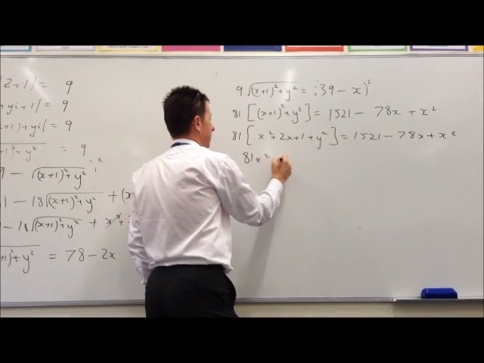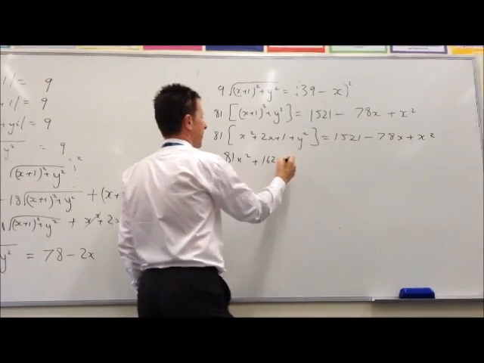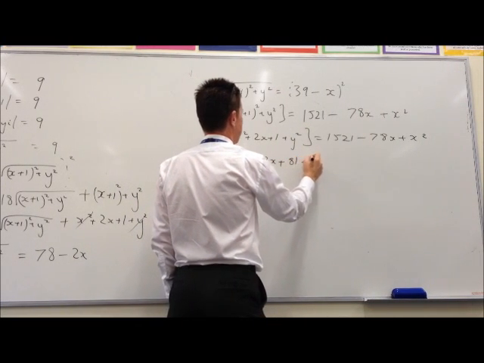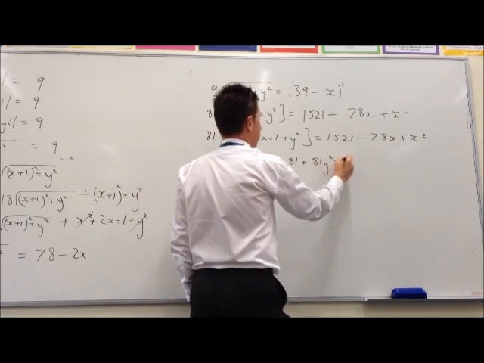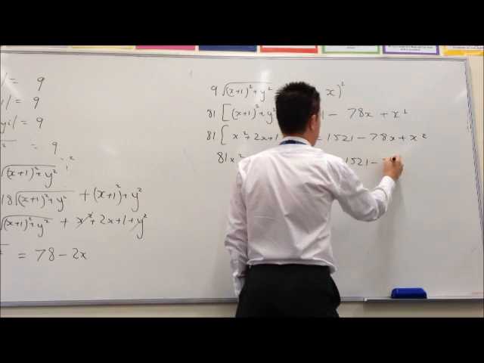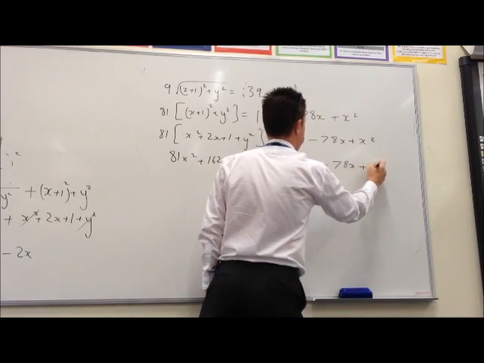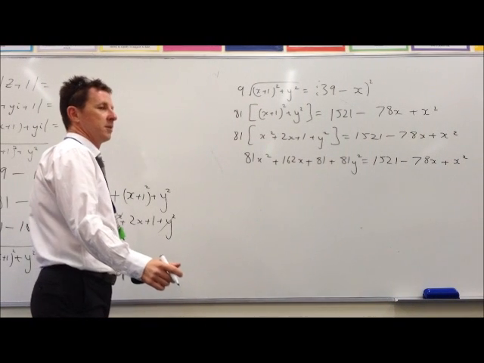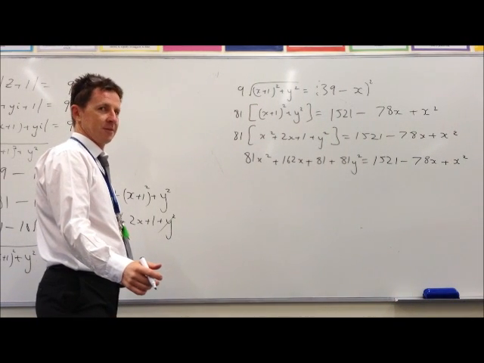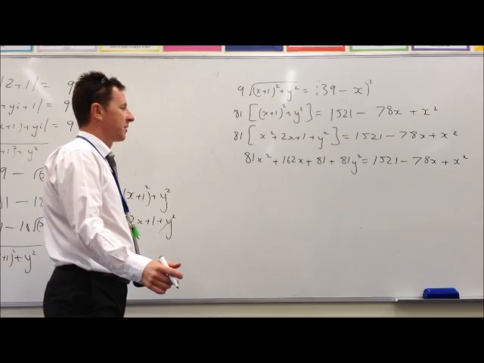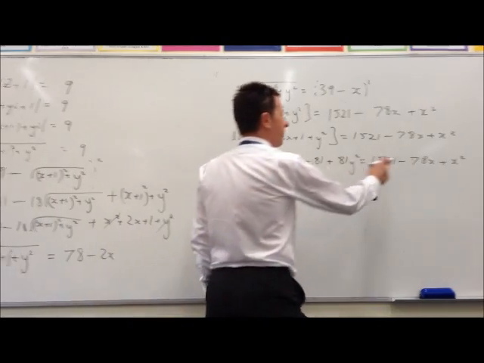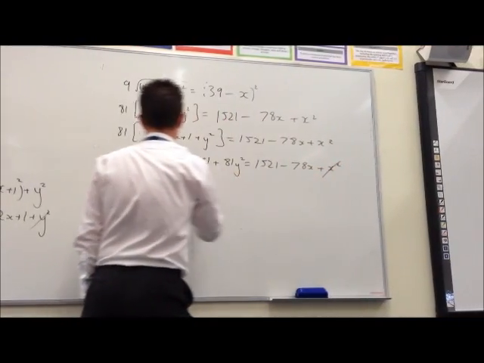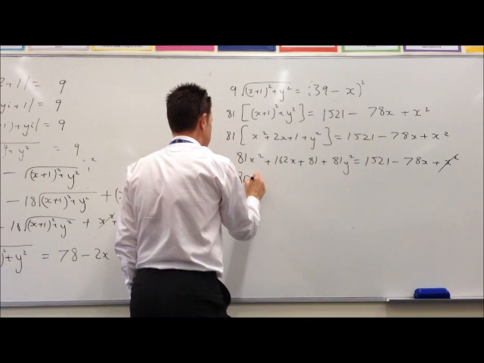81x squared plus 162x plus 81 plus 81y squared is 1521 minus 78x plus x squared. Let's wipe off this x squared. That comes to this side, 80x squared.